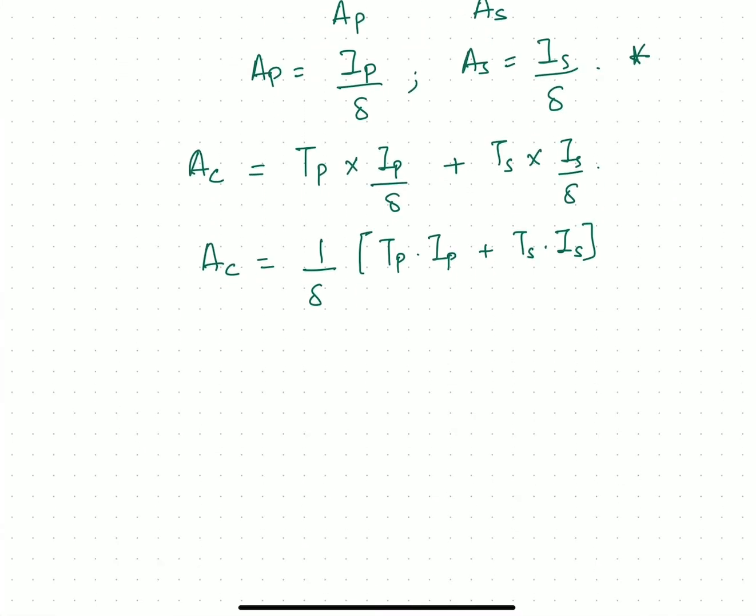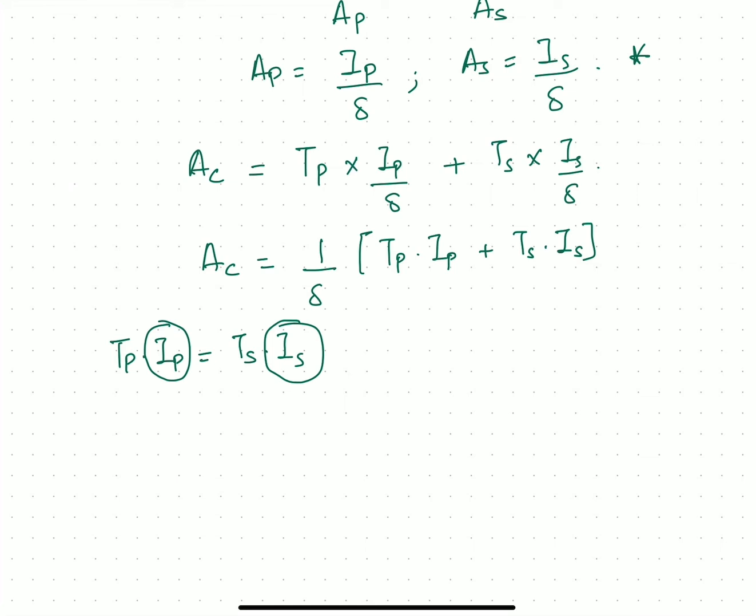If the current in the primary is large, the current in the secondary will be small by the same ratio.